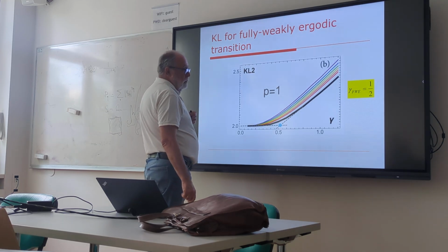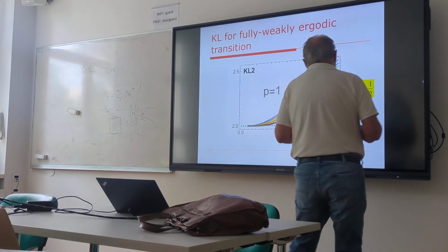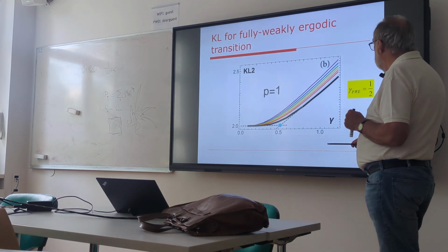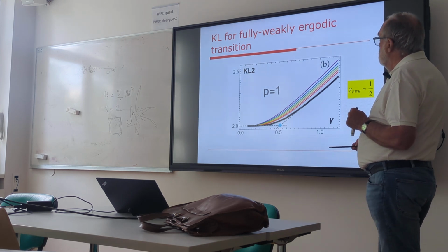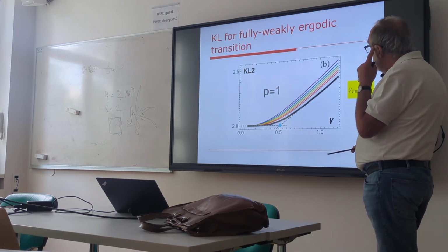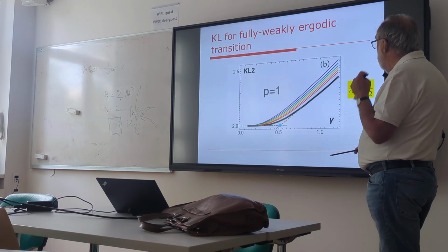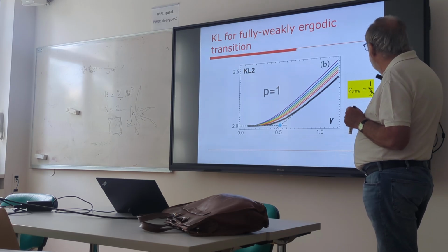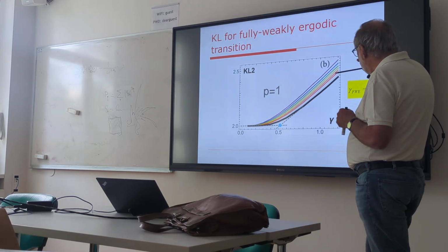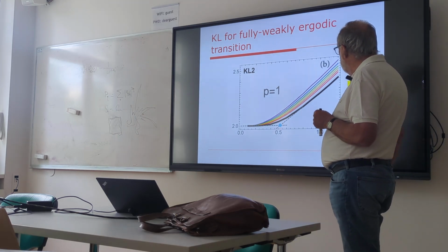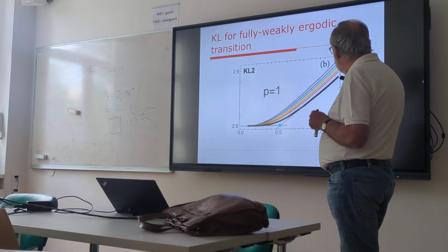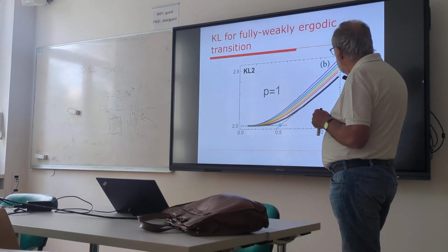And the prediction of our criteria for the logarithmically normal Rosenzweig-Porter is that the transition should be at 1/2. So you see, these lines are different sizes.